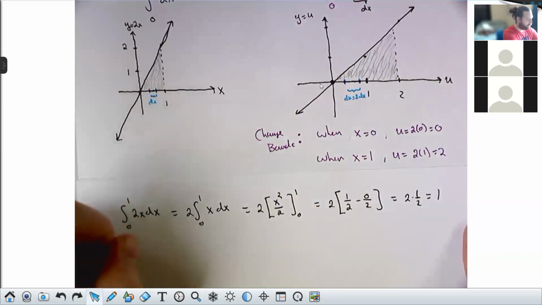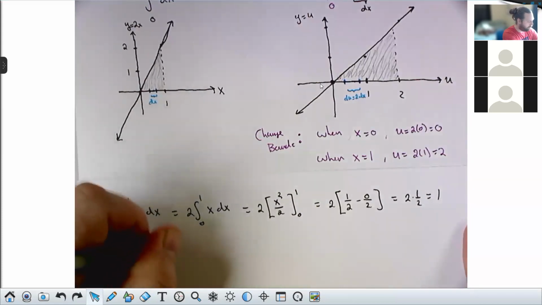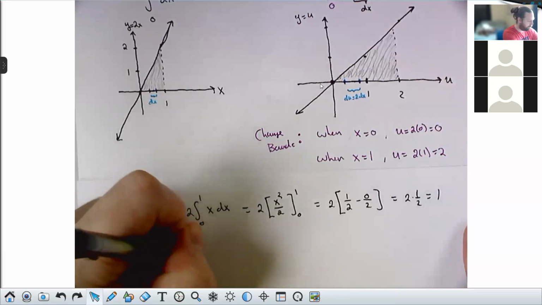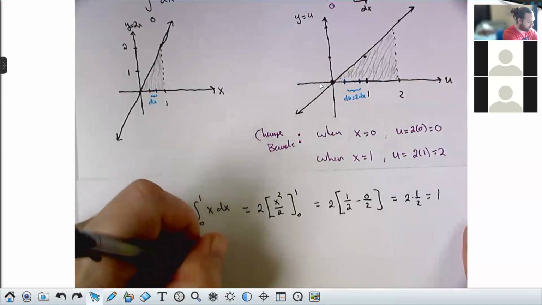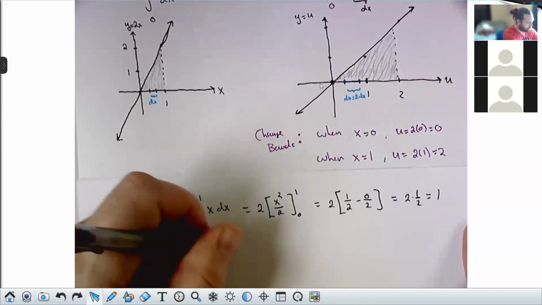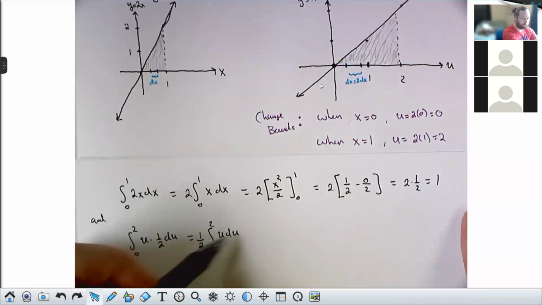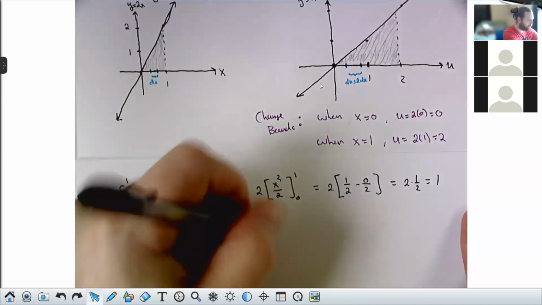And the integral from 0 to 2 of u times 1/2 du, you can pop out the 1/2, integrate 0 to 2 u du. So we're now integrating u with respect to the variable u.